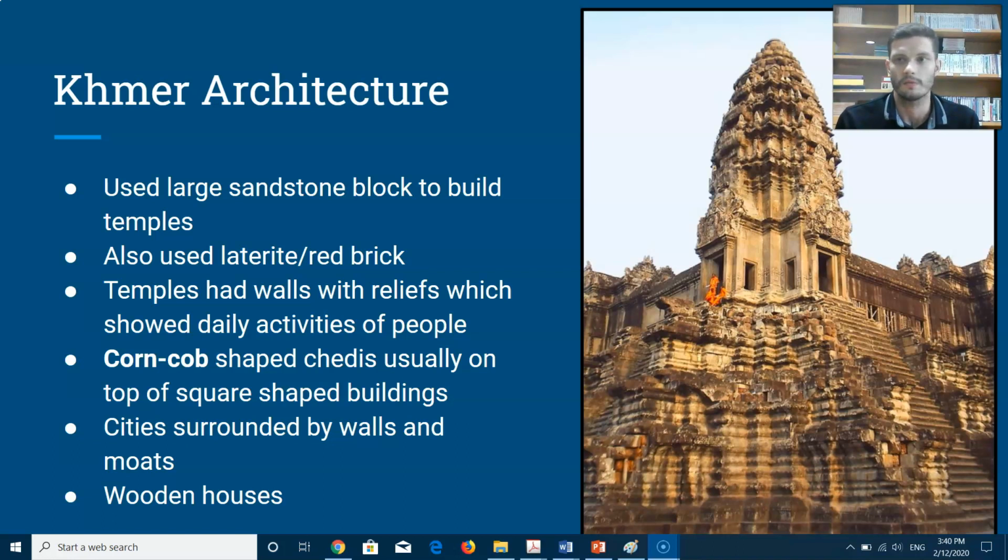So rather than painting something, they would have actually carved out a scene of the daily lives of people. It could be just people sitting around eating, it could be people worshiping their king, or it could be depictions of some scene from a religious text.